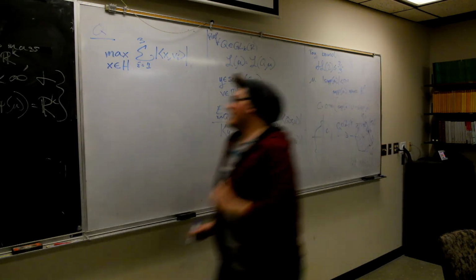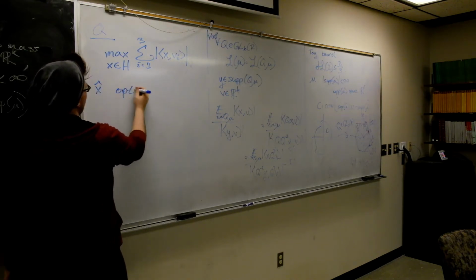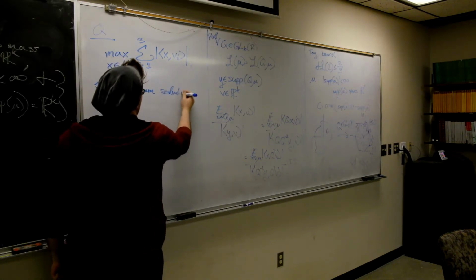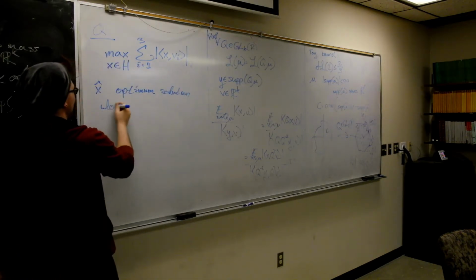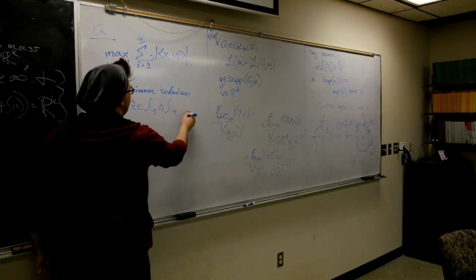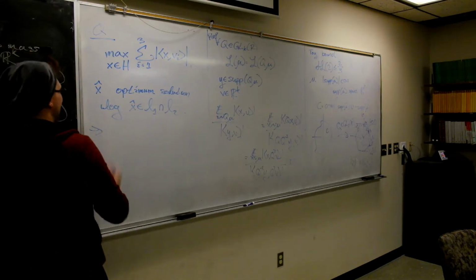Great. So if x hat is an optimum solution, without loss, x hat is in, let's say, L1 and L2. And then we have a lot of symmetry. So what does this tell us about x hat?